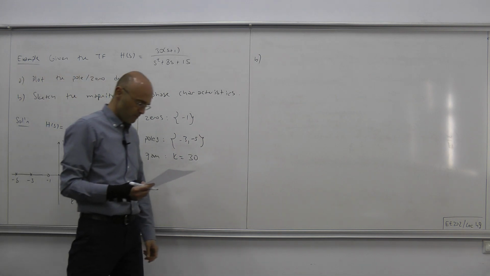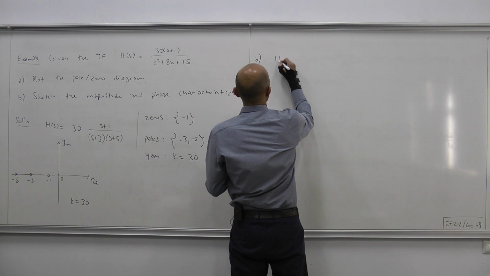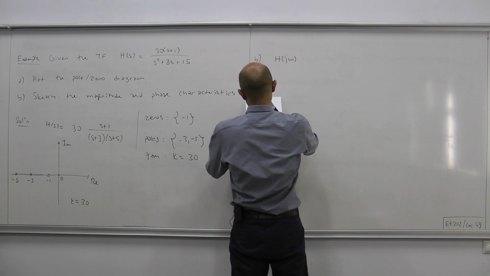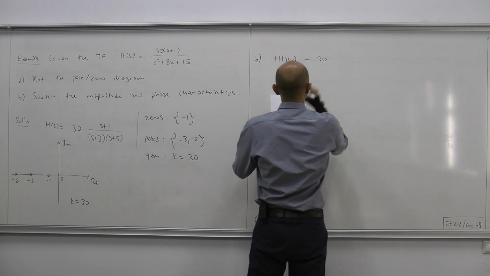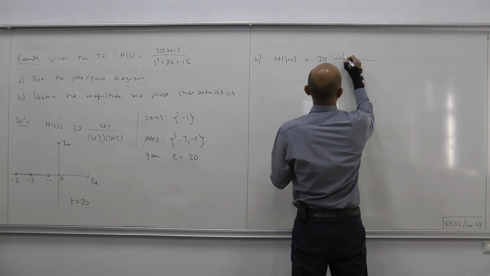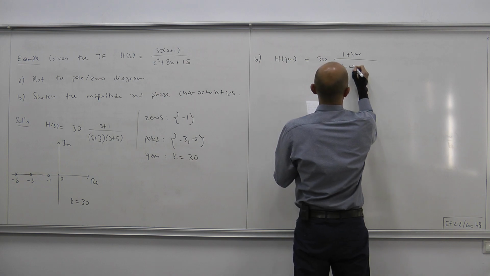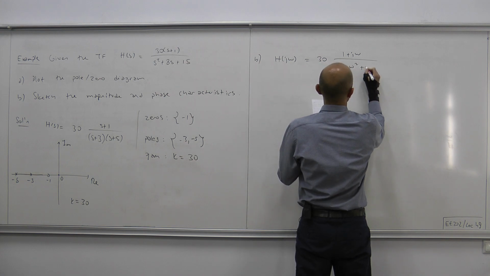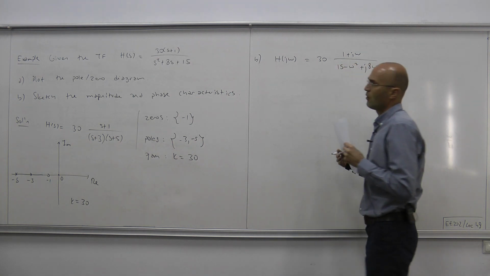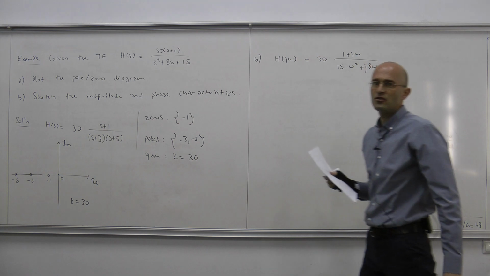Okay, so let's start with the gain. H of j omega equals 30 times (1 plus j omega) over (15 minus omega squared plus j 8 omega). Okay, so what we're doing is computing H at j omega.